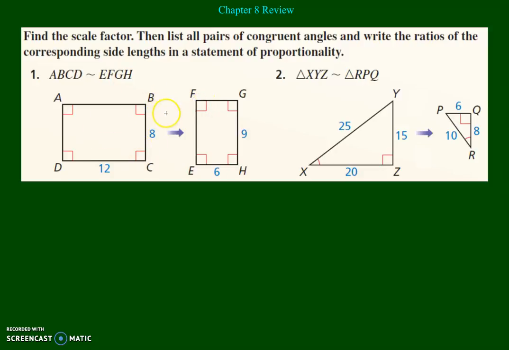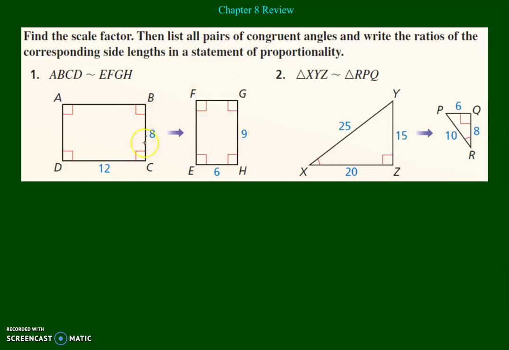In order to find the scale factor, we're going to use the destination divided by the source. Scale factor, remember, is a ratio of any corresponding linear measurement of 2 similar figures, in this case, 2 side lengths. So we're going to take a side length from this figure divided by a side length from this figure, because we're going from here to here, so it's destination divided by source.